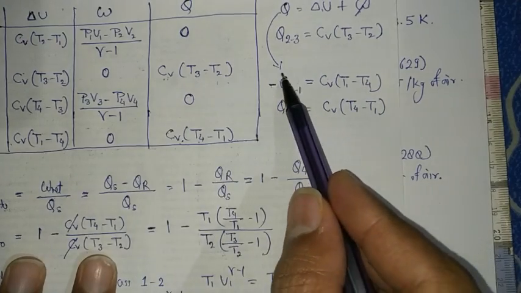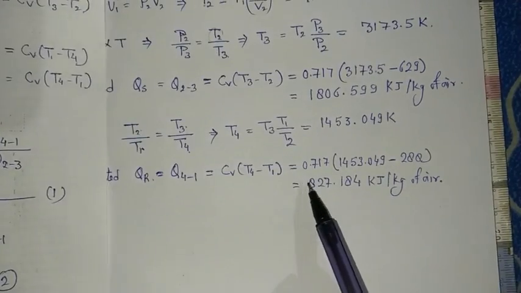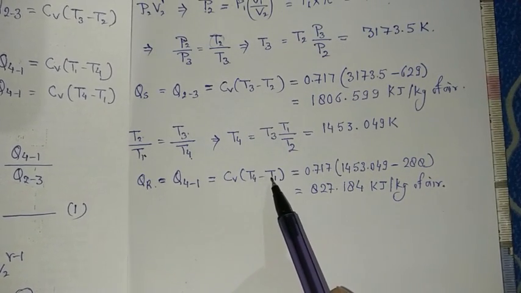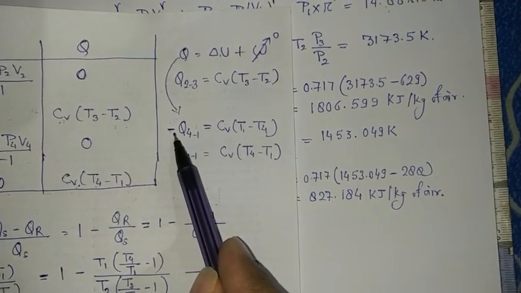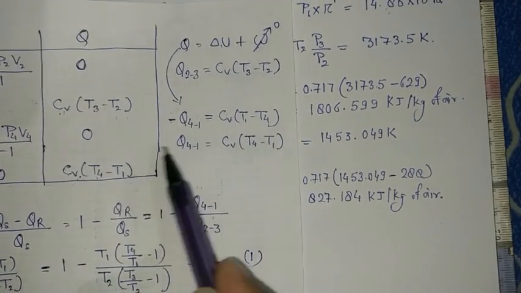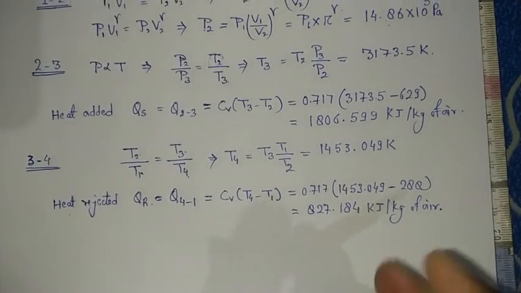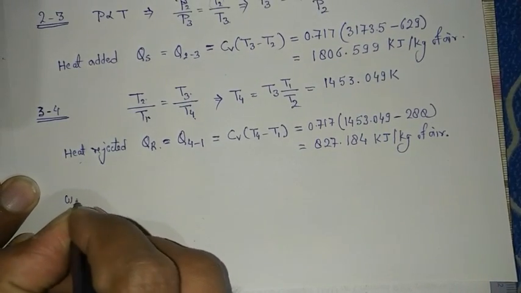If we had not considered it, then it would surely come negative 827, because then it would become T1 minus T4. But as we have already considered the negative sign in the analysis itself, it will now come as positive.